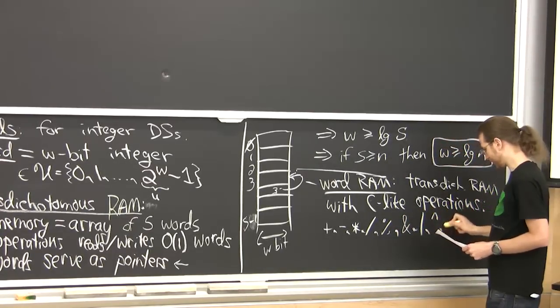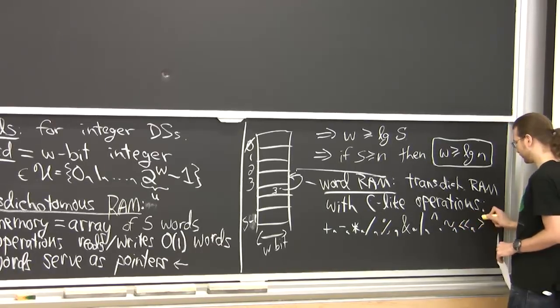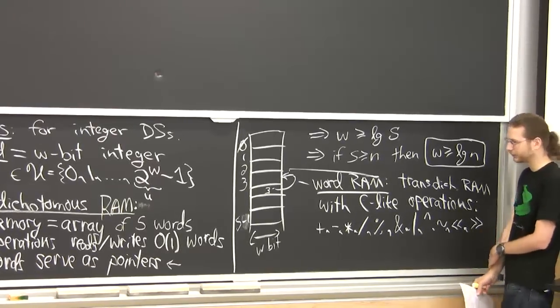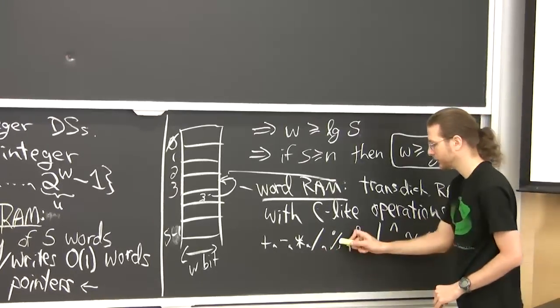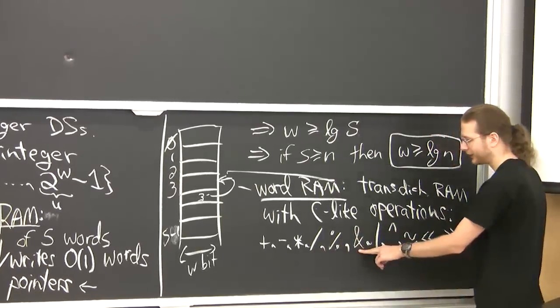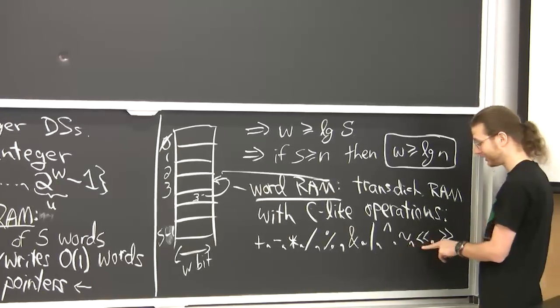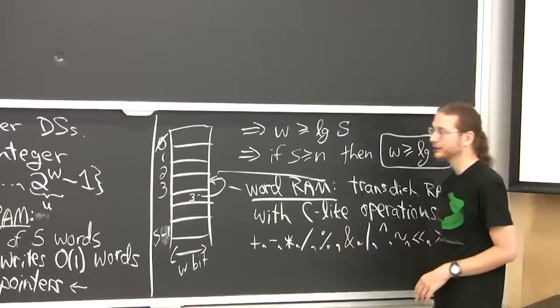These are the operators, unless I missed one in C. They're all in Python and most languages. You've got integer arithmetic, including mod. You've got bitwise AND, bitwise OR, bitwise XOR, bitwise negation, and shift left and shift right. These we all view as taking constant time.